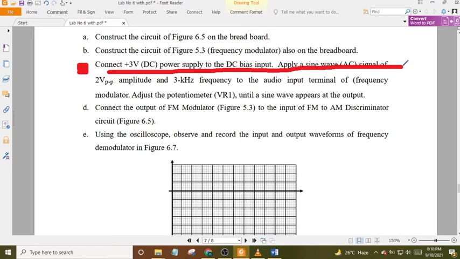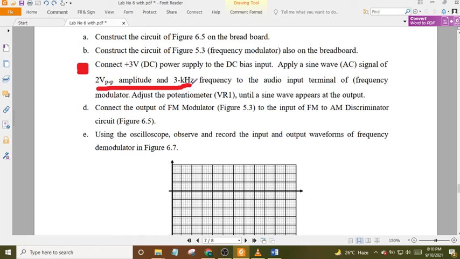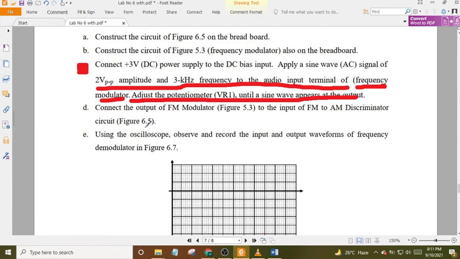Apply a sine wave AC signal of 2 Vp amplitude and 3 kHz frequency to the audio input terminal of the frequency modulator. Adjust the potentiometer VR1 until a sine wave appears at the output. D. Connect the output of the FM modulator, figure 5.3, to the input of the FM to AM discriminator circuit, figure 6.5.